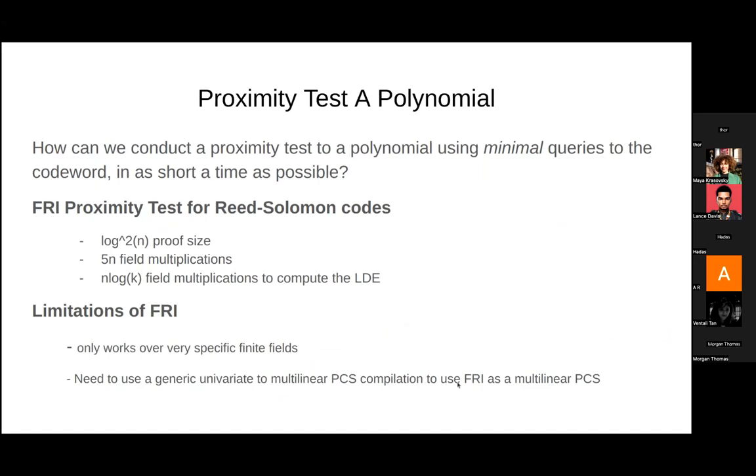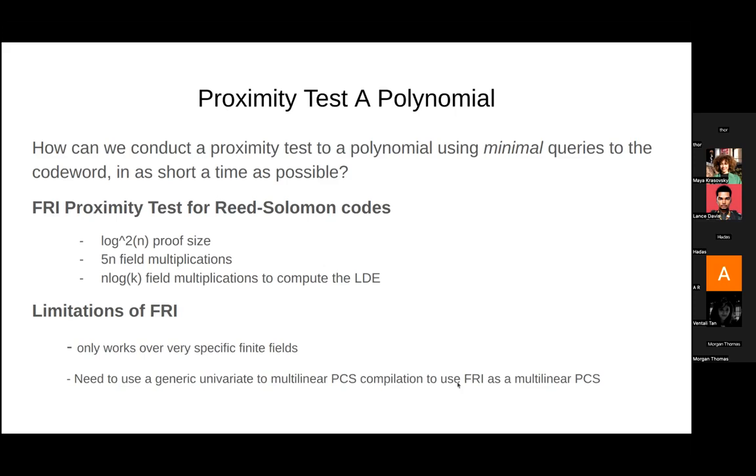It is an interactive proof between a prover and a verifier, where the verifier only has to query some elements of the code word in order to determine whether it is a code word. It has just 5n field multiplications, although then n log k, where k is the message size and n is the oracle size, to compute the low degree extension, which requires interpolation and then evaluation.